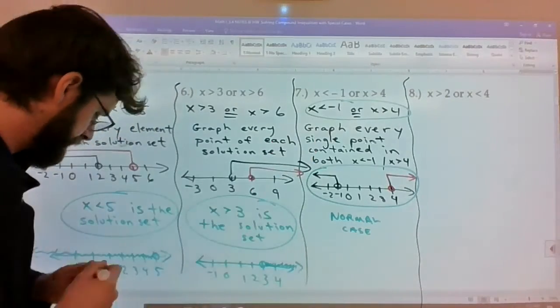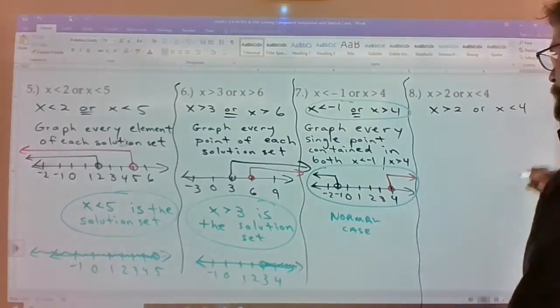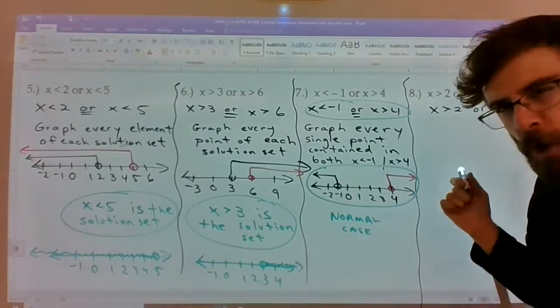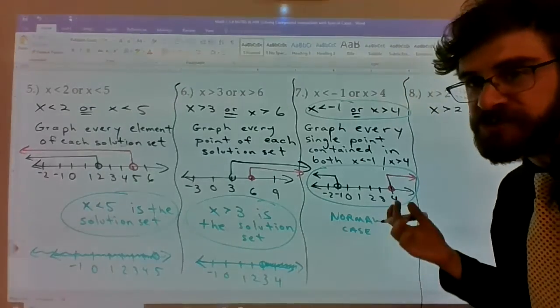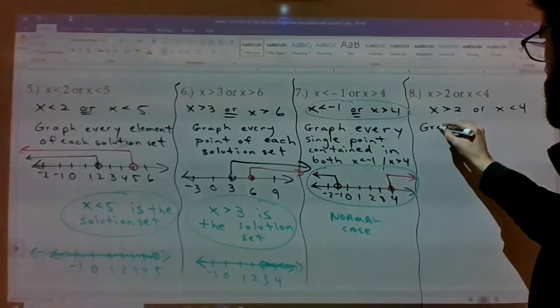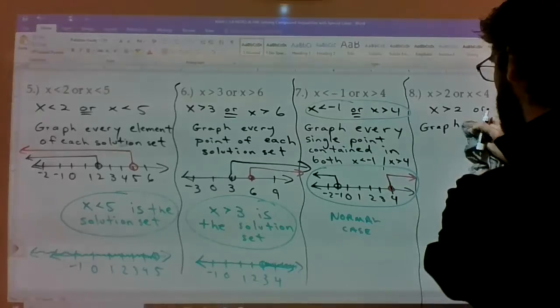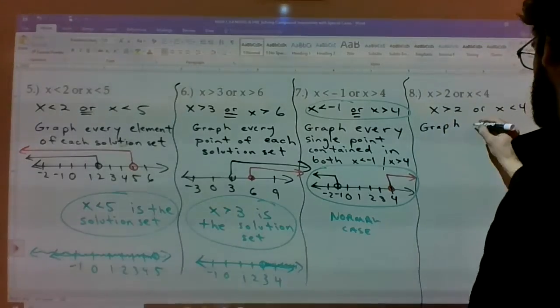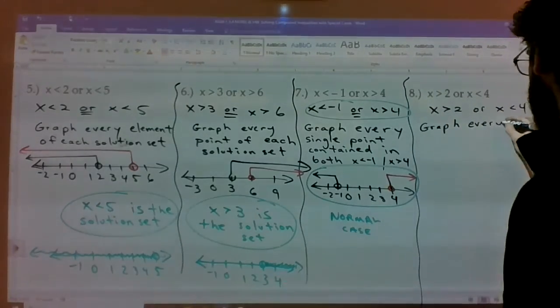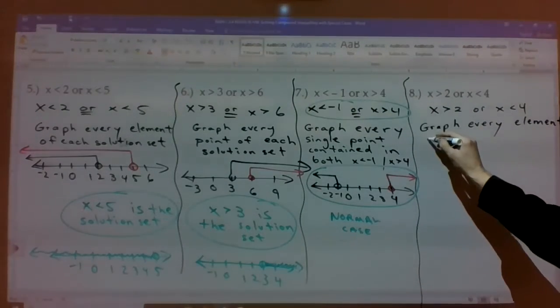Let's talk 8. All right, so you've got x is greater than 2 or x is less than 4. I think this one's probably the most confusing of them all, but we'll see if you guys understand it. So I'm graphing every point. I know this is getting kind of tiresome, but I really want to hammer it home. Graph every element of both solution sets.